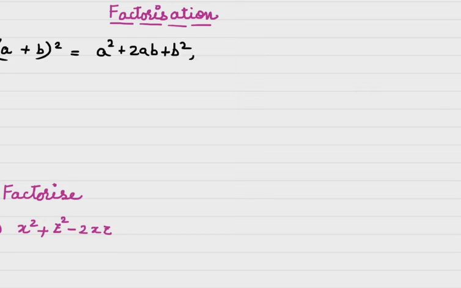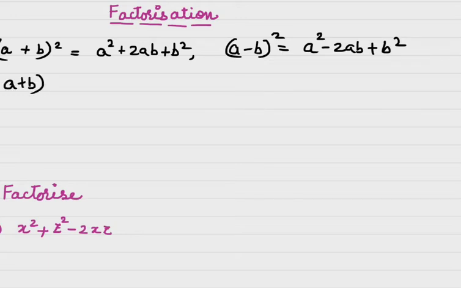The second identity was (a minus b) whole square equal to a square minus 2ab plus b square. Third identity was (a plus b) into (a minus b) equal to a square minus b square.